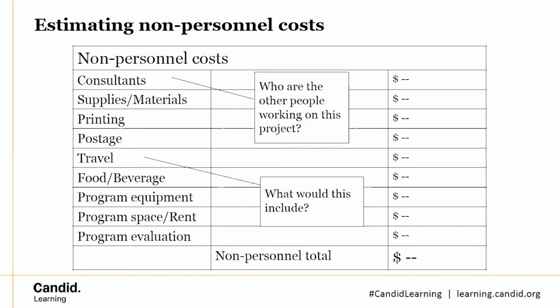Are you serving any kind of snacks at programs? Are you going to be renting any specific equipment? Are you doing any printing? Are you mailing anything? There are going to be things here that you are buying specifically for this project, using entirely specifically for the project. You're going to think of all of them, try to find those estimates on things, as we mentioned a little bit ago, and use one of them to add it all up and have all of your non-personnel costs.